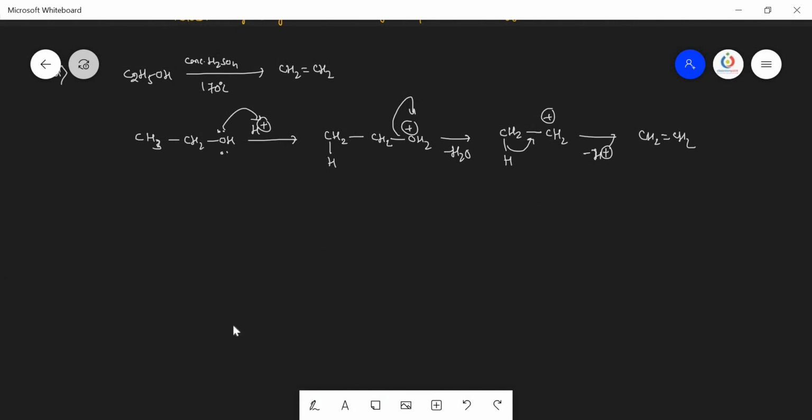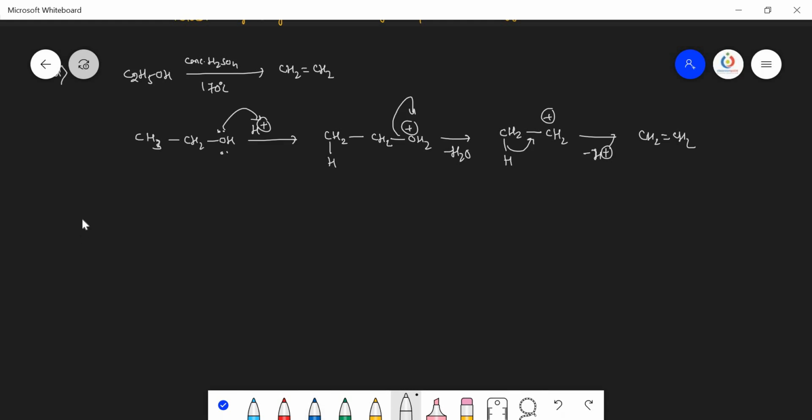When you change the temperature, the dehydration process will change completely. Now C2H5OH, the same ethyl alcohol, and the acid catalyst is also the same, concentrated H2SO4, but the temperature is 140 degrees centigrade. So the product is diethyl ether. For this we need to provide the mechanism.